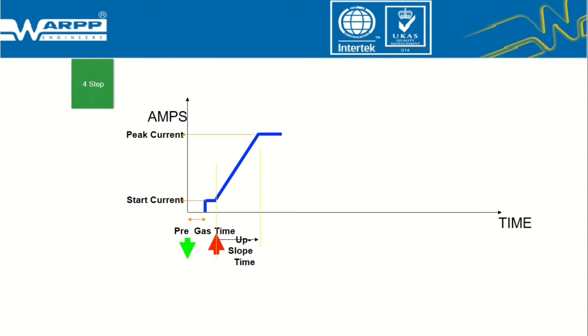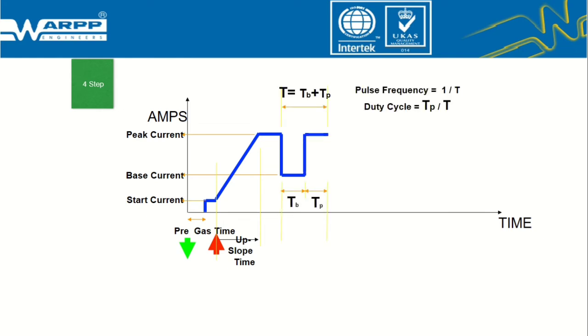If you are using pulse welding mode, you get peak current, base current, duty cycle, and pulse frequency as per the preset values. Press the torch trigger again and keep it pressed for finishing the welding.